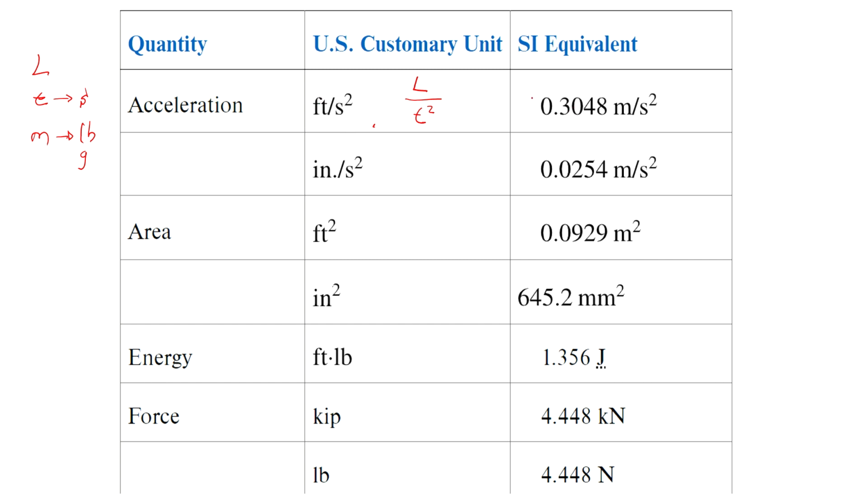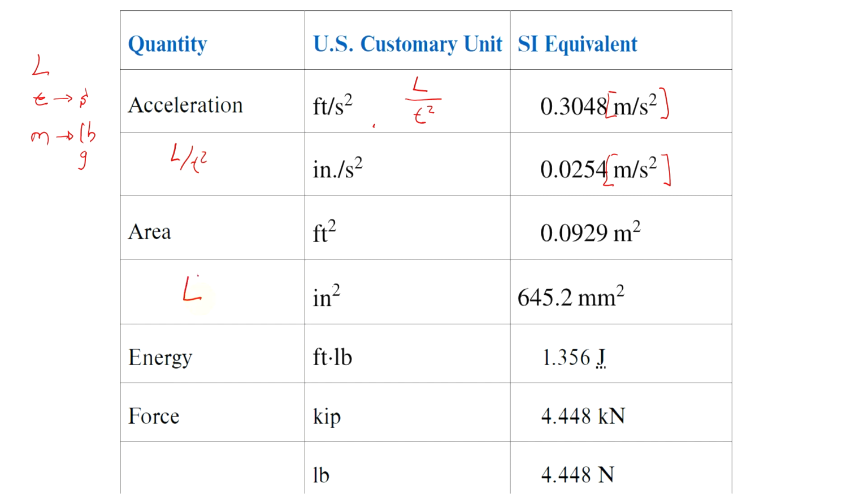We already know that 1 foot is 0.3048 meters. Inches per second squared, then we already know that 1 inch is 25.4 millimeters. So the units have to be consistent. Has to be length over time squared.